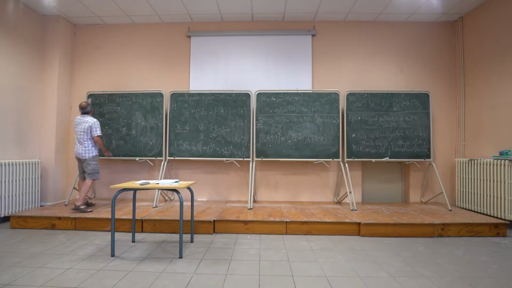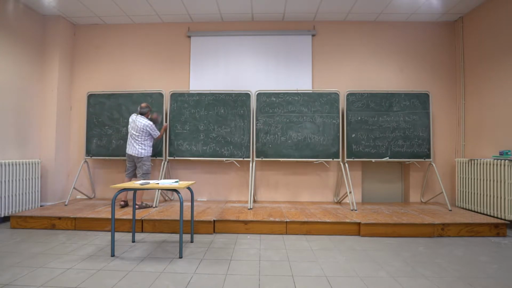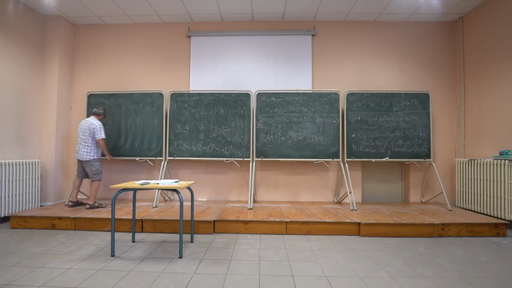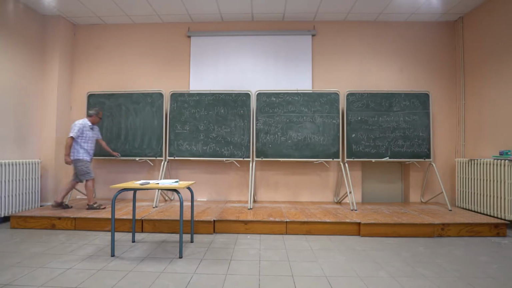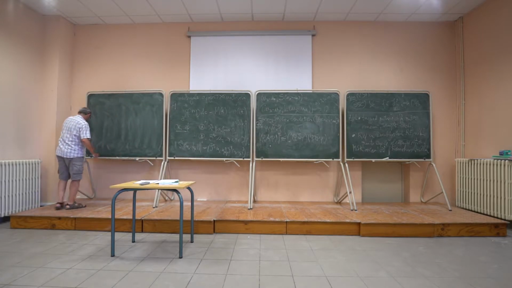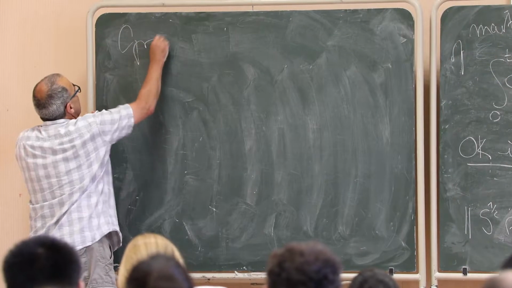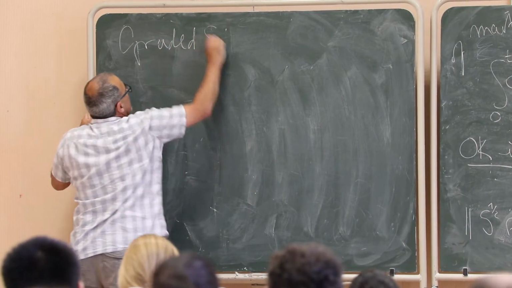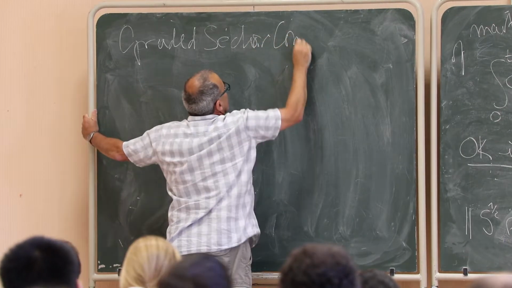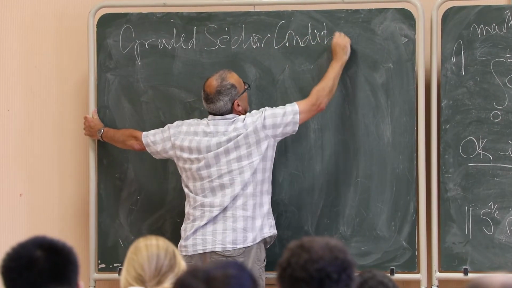Okay, a next condition, a next sector condition, which came with this is a bit more complicated, and I want to use it later next week, so that's why I state it now. The so-called graded sector condition. Sector condition.